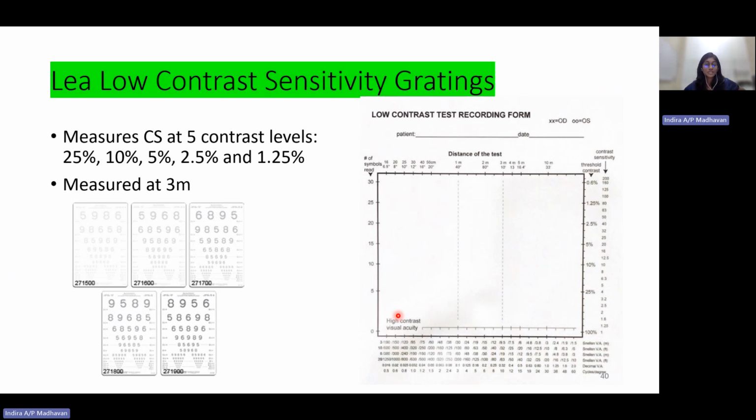Okay, why do I say it's good for diagnosis? Because if a person has normal contrast sensitivity, the graph is something like this. That is normal. If a patient has cataract but no retina issue, they will show a graph like this. So you know that once the cataract is removed for this patient, they will be back to the normal one.